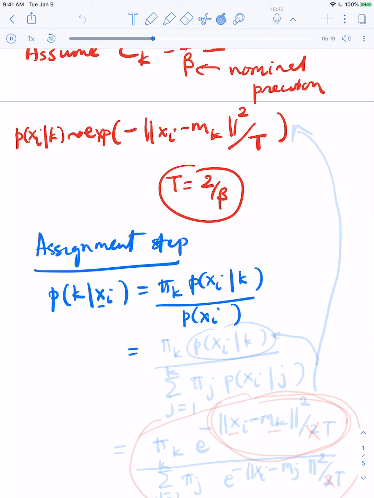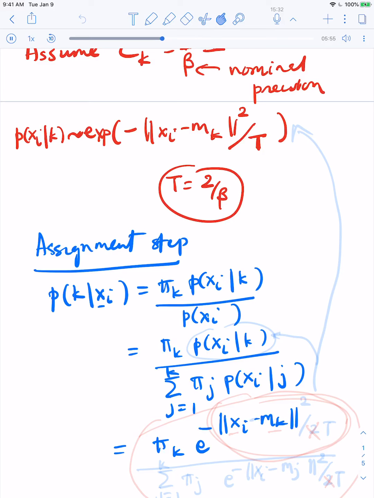This normalization factor at the bottom is just the sum of terms like the numerator, summation over j going over all the components of pi j p of xi given j. Any common factors like 1 over 2 pi to the d over 2 will cancel out in the numerator and denominator, and so it's easy to check that this specializes now to, because I no longer have the covariance, e to the minus the squared norm of xi minus mk over 2 times the temperature.